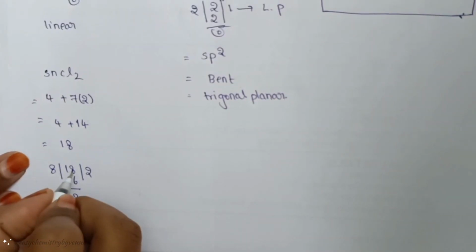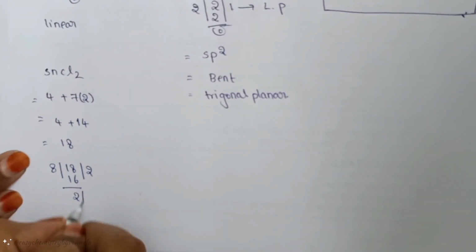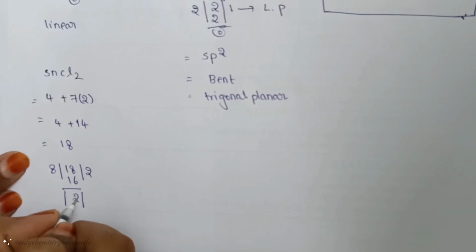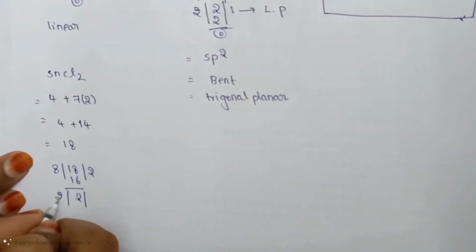Here again 18 minus 16 is 2. Again it is less than 8, so it can be divisible by 2.